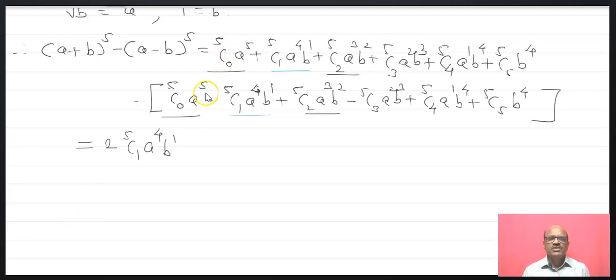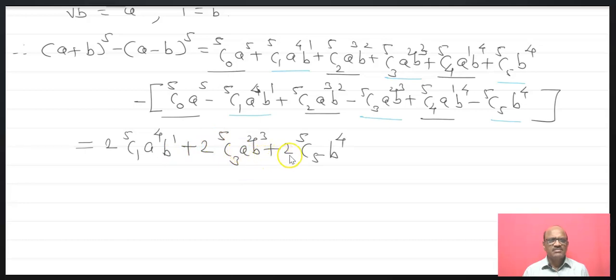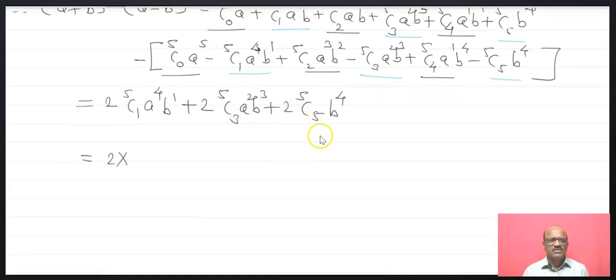Now these first two terms will get cancelled, that is 5c0 a raised to 5 will get cancelled. 5c1 a raised to 4 b raised to 1, and this minus and minus become plus. Therefore it will become 2 times 5c1 a raised to 4 b raised to 1 plus 2 times 5c3 a square b raised to 3 plus 2 times 5c5 b raised to 5, here must be the 5, by mistake I had written it, we can change it also.